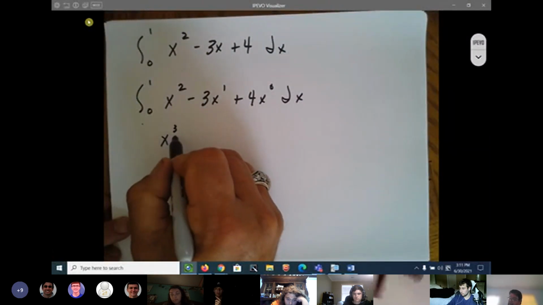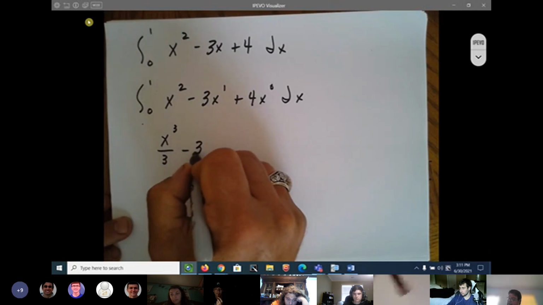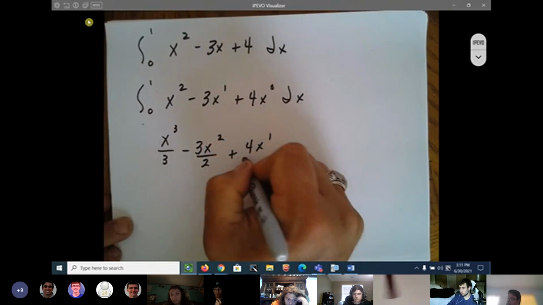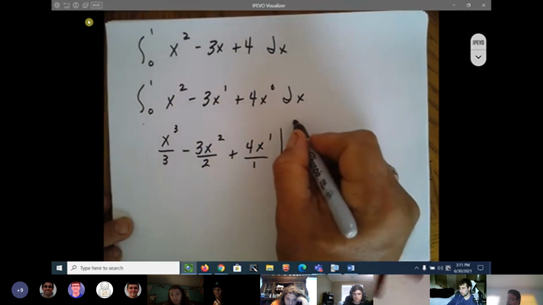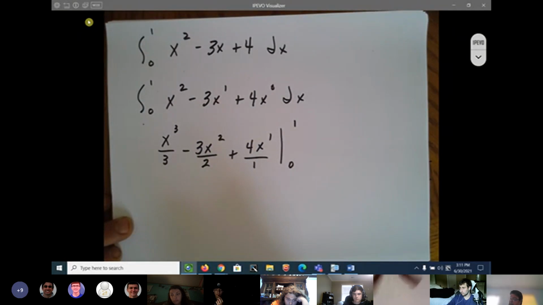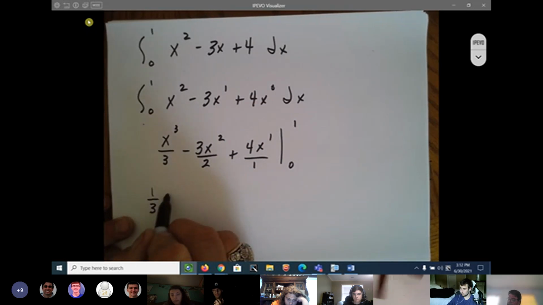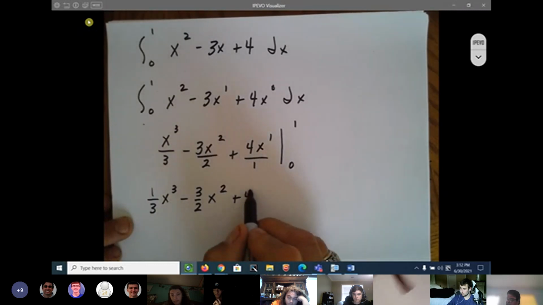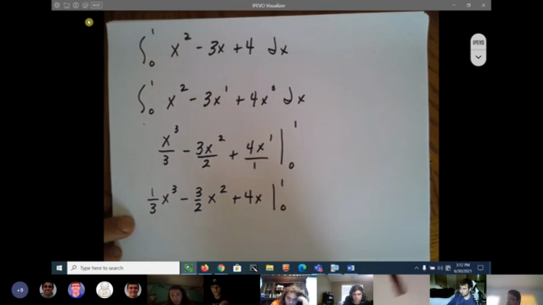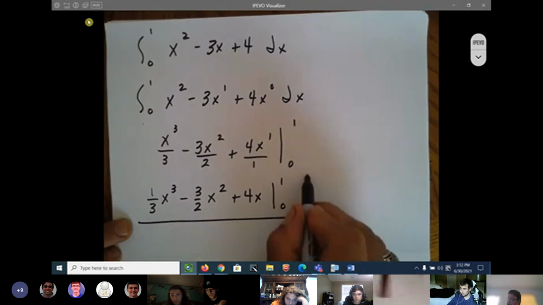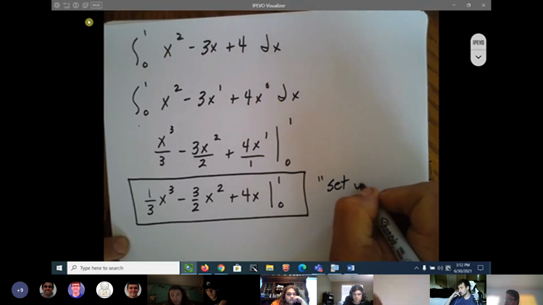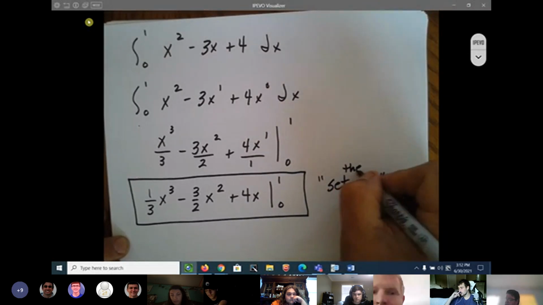That's going to be x to the 3 over 3 minus 3x to the 2 over 2 plus 4x to the 1 over 1, evaluated at 0 and 1. So nothing cancels, but I can rewrite it as 1/3 x to the 3rd minus 3/2 x squared plus 4x, evaluated at 0 and 1. And what this is called right here, and I want you to know this for later, is the setup.